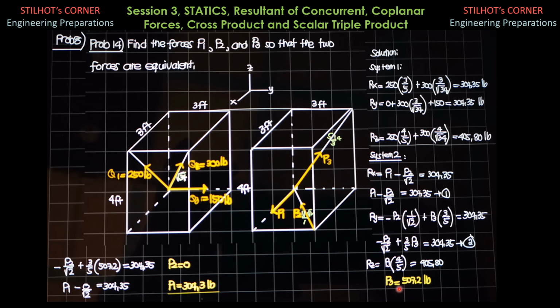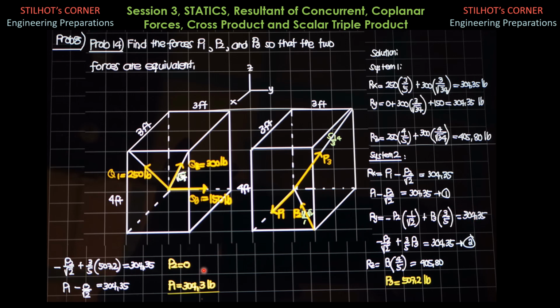So from there, we can solve the magnitude of P3, 507.2 pounds. Then we substitute the value of P3 in equation 2 to solve for P2. So we have negative P2 over square root of 2 plus 3/5 of 507.2 pounds equals 304.35.